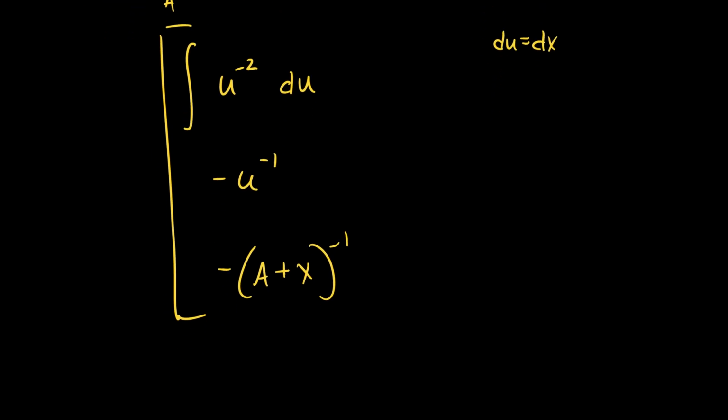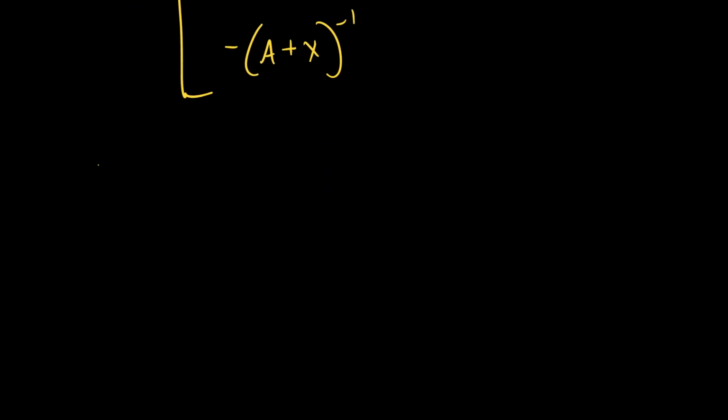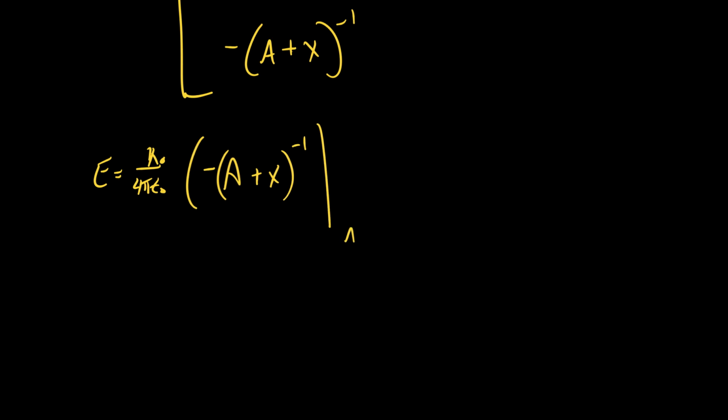And now I bring all of it back together. My electric field equals the integral, equals 1 over 4 pi epsilon naught, that's lambda over 4 pi epsilon naught times negative a plus x to the negative 1 power, evaluated from a to a plus L. Now I have to put in my limits.